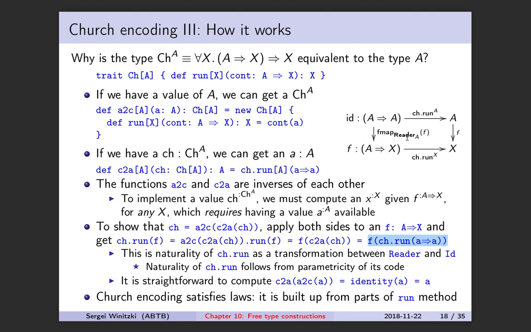And the right-hand side is this direction. First, you run of identity, and then you apply f to that. So the left-hand side corresponds to this direction on the diagram, and the right-hand side corresponds to that direction on the diagram. Commutativity of the diagram is therefore exactly the same as this equation.